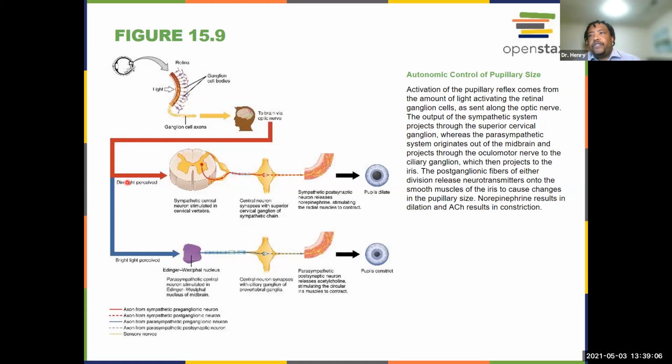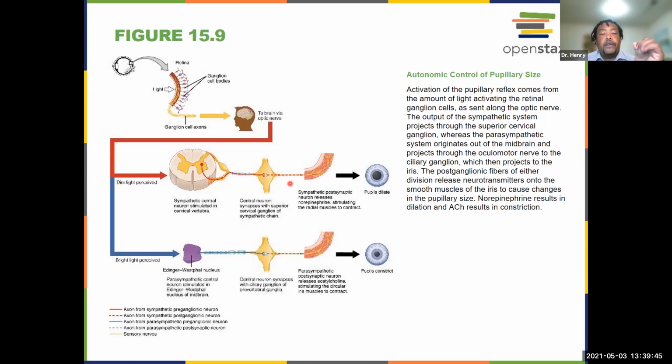Then that goes to the sympathetic postsynaptic neuron, which is going to release norepinephrine, and that's going to stimulate the radial muscles to contract. As a result, we end up with dilated pupils. In that case, we started again in the spinal cord to get this initiated.